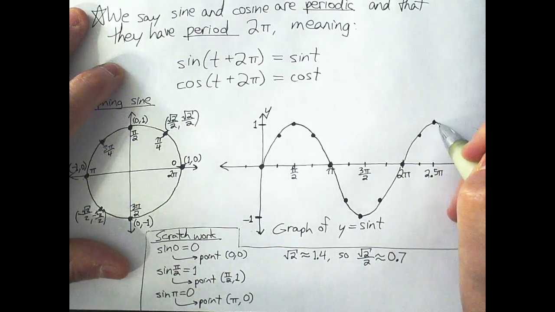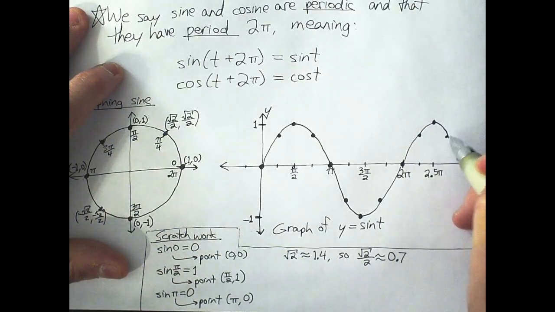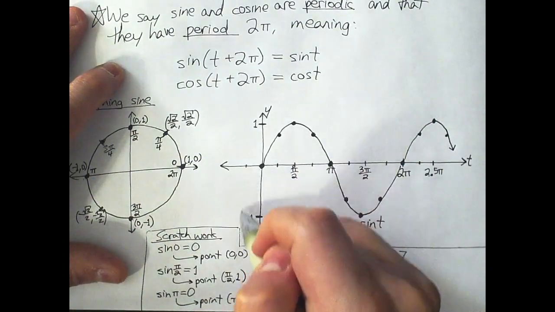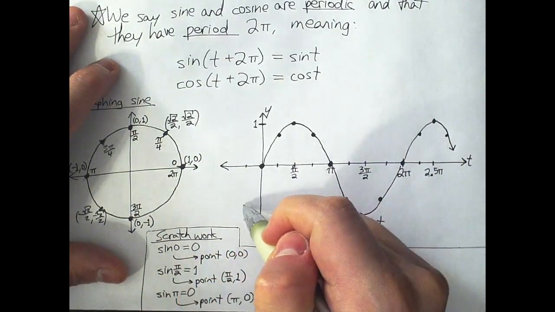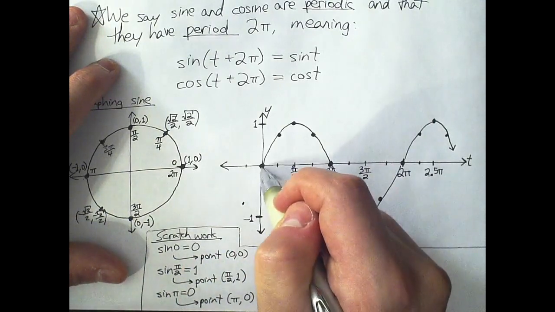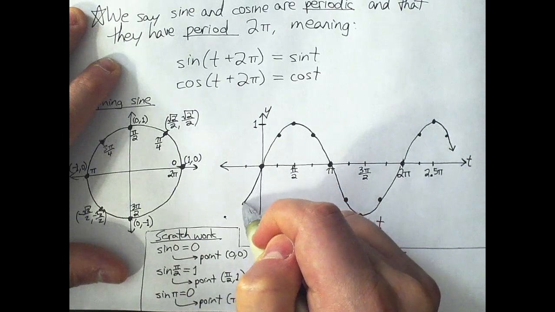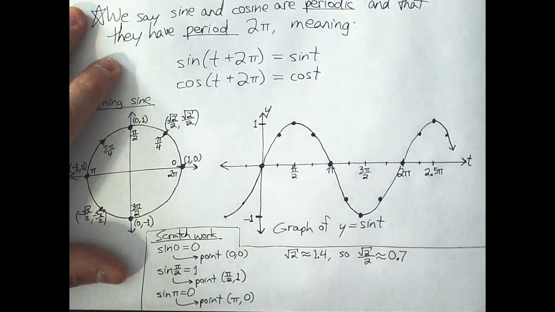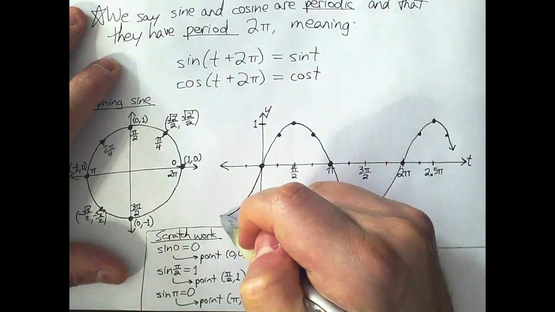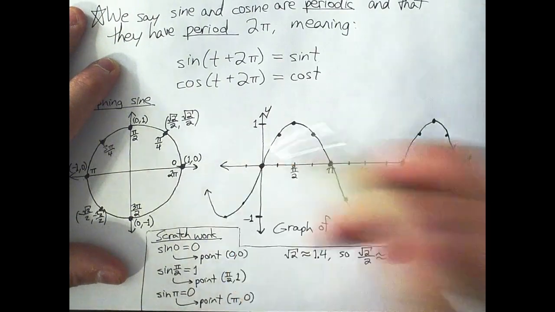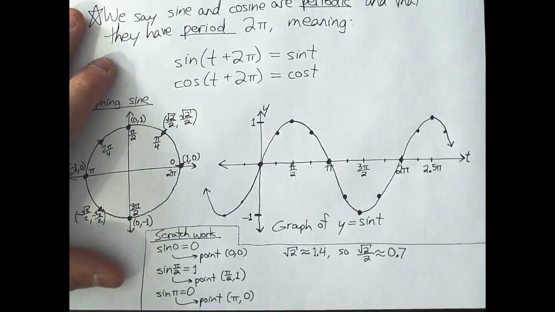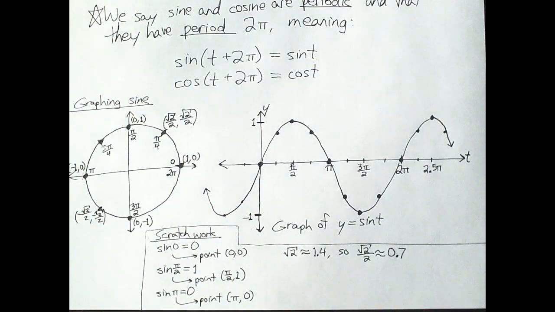Why do we just connect these dots? It's because all of the in-between values are also there as part of the graph. We could also have a point about here, here. And that's a pretty good graph of sine.